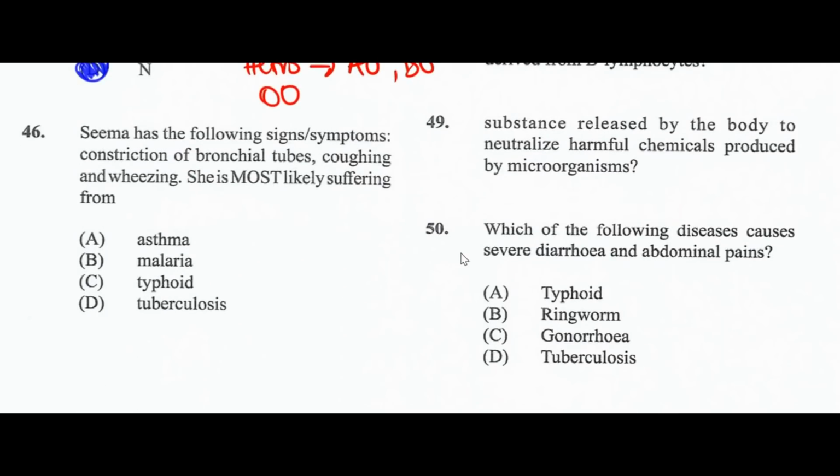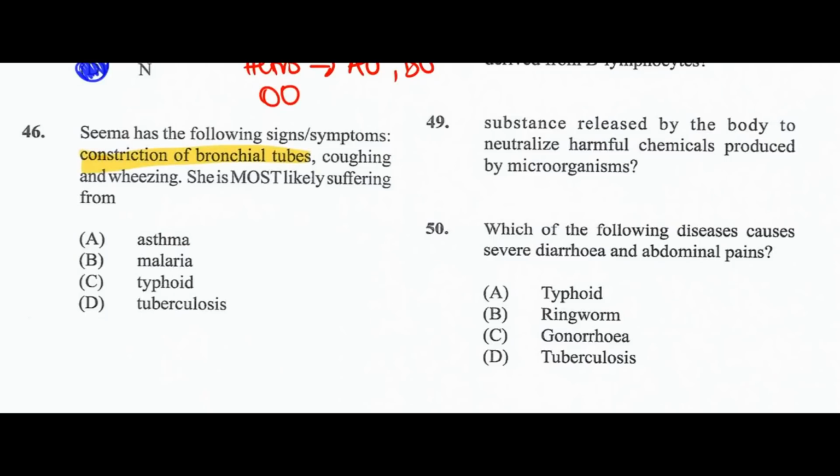Asthma has the following signs or symptoms: constriction of bronchial tubules, coughing, and wheezing. That sounds like pneumonia, but no, it's probably asthma. Which of the following is she likely suffering from? It sounds like asthma to me. That's the main purpose of asthmatic pumps.